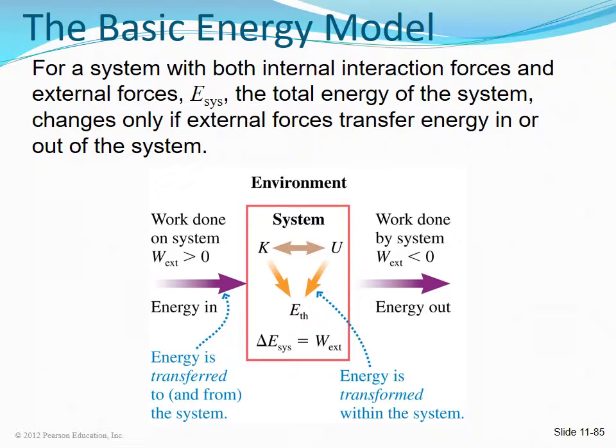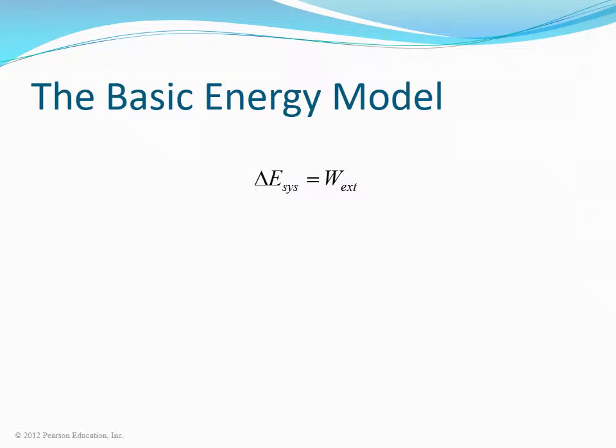It is energy out of the system. The change in the energy of the system is equal to the external work done on the system. The change in the energy of the system is also defined as the energy of the system after the interaction minus the energy of the system before the interaction.